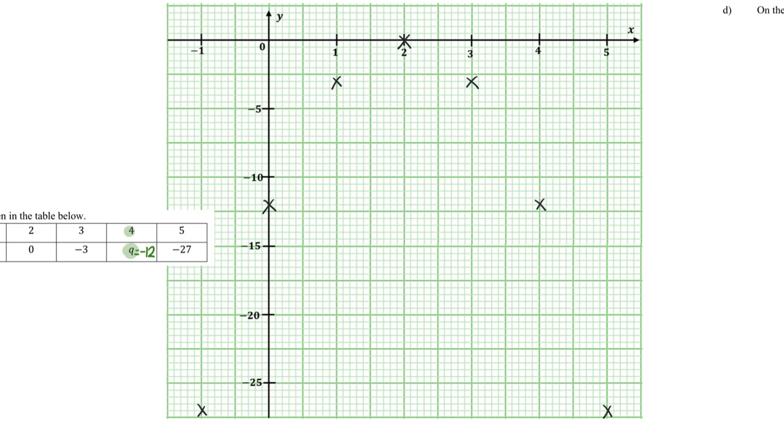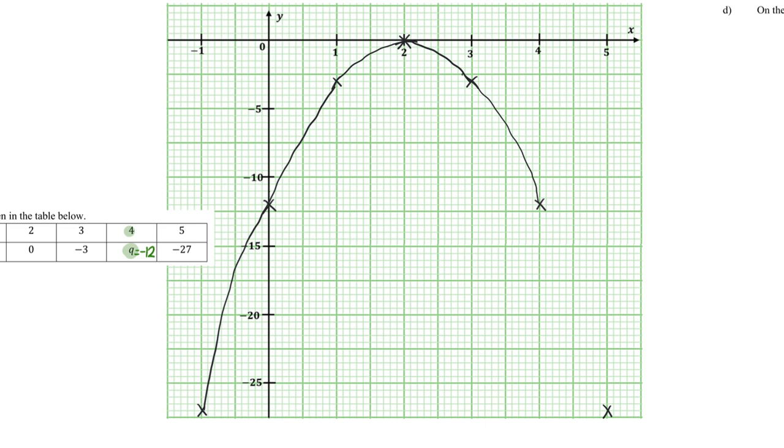Now that I have plotted all the points, it's time for me to draw the graph. It is a smooth curve. Continue to slowly plot this graph, and eventually you will get the turning point where you're going to make a turn and turn back, and continue.